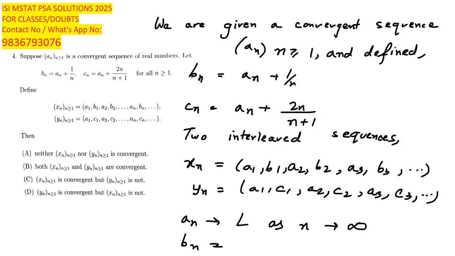What does it state? An plus 1 by n, or L plus 0, we have already found out. So L plus 0 is equal to L as n tends to infinity. Okay, so then Bn will be how much?